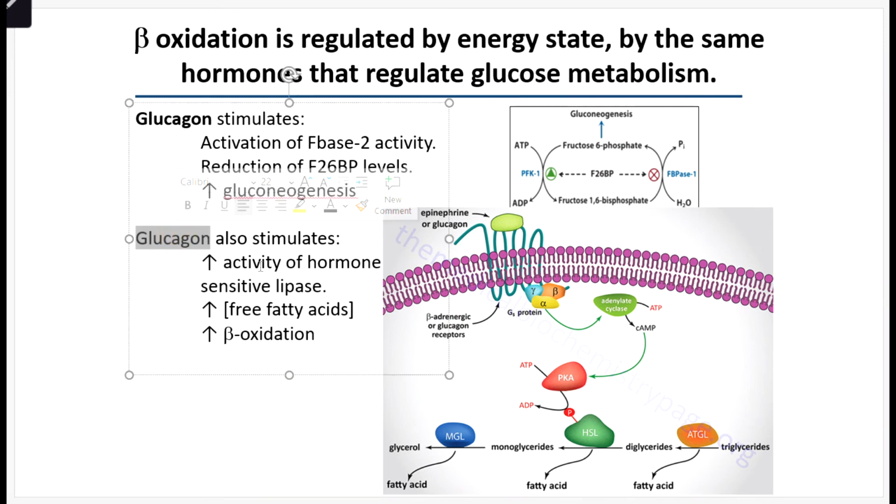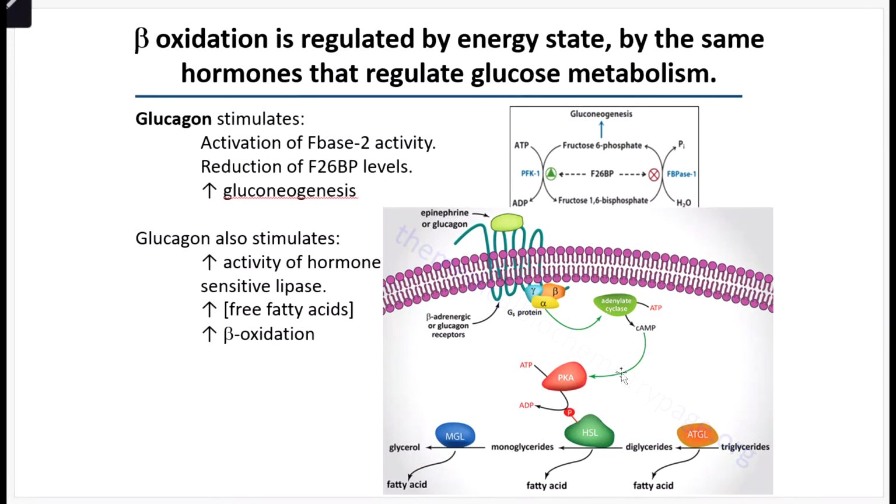However, glucagon also stimulates the activity of hormone-sensitive lipases. Remember in the first video when I talked about lipases, glucagon is one of the hormones that activates them. So epinephrine or glucagon can bind to receptors on the outside of adipose tissue.